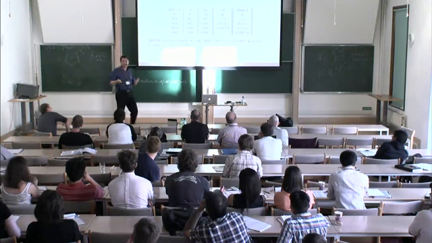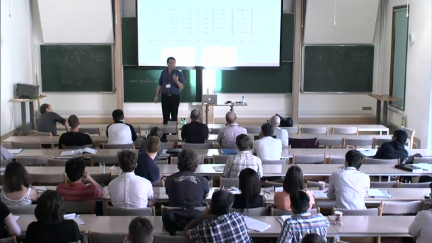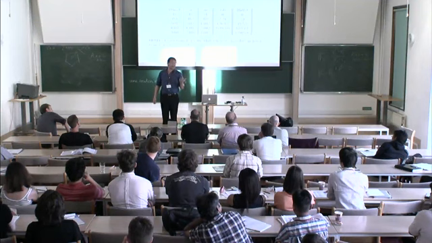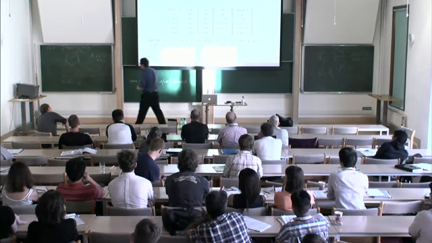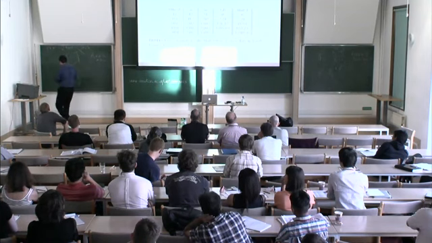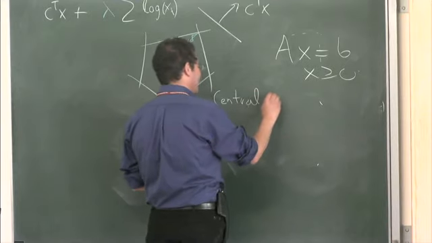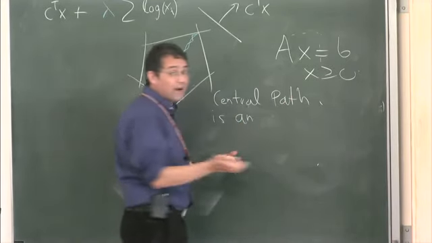But there's one fact, first of all, that it's not difficult to convince yourself that the central path, the exact central path, is actually an algebraic curve. So there are polynomial equations that describe the central path. So let me just say that right now. The central path is an algebraic variety.